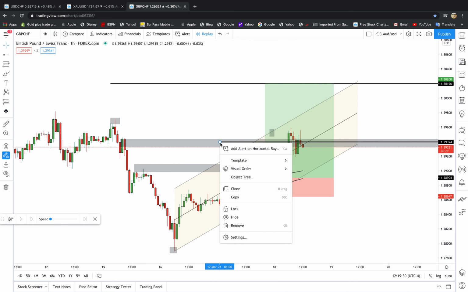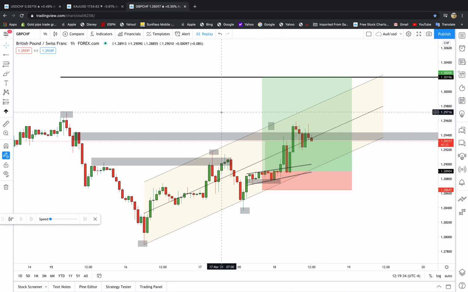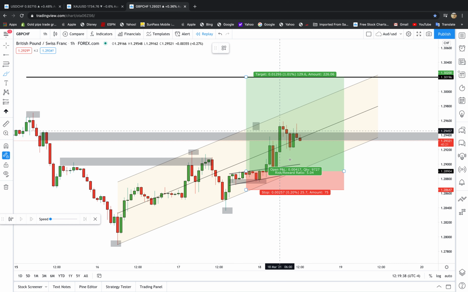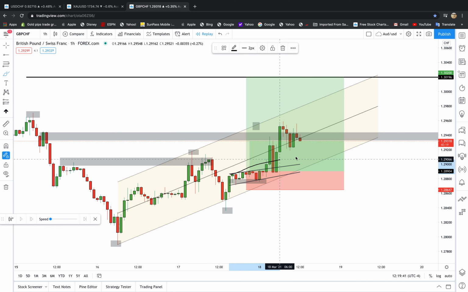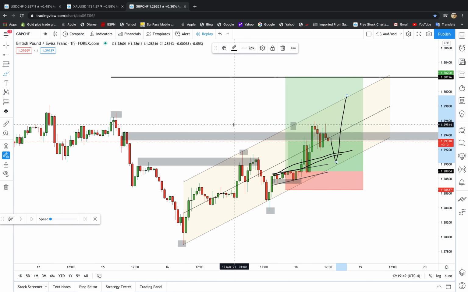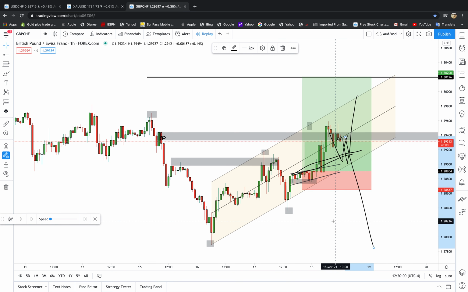So moving forward, how do you trade pound Swiss franc? Well, a couple things you can do. Price can either come back, retest this same trend line here that it broke, and explode like that, or if this supply and demand area holds firm, we're going to see it come down, retest that supply and demand area, and drop.